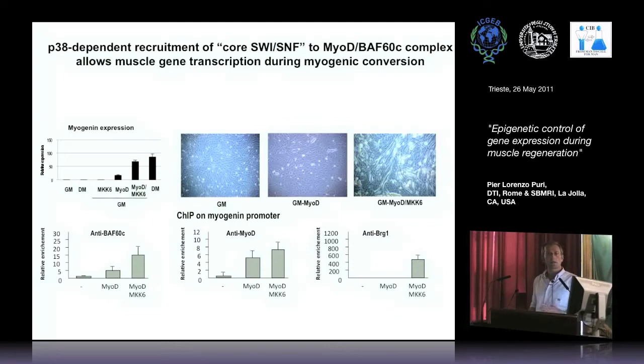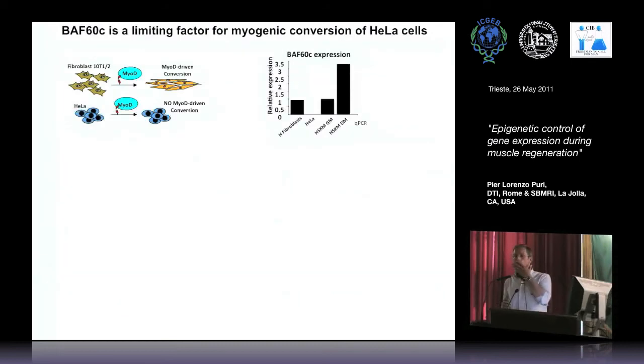Again, suggesting that P38-dependent recruitment of the SWI/SNF complex occurs in two steps. And this can be even better studied if we take cells that do not express BAF60C.